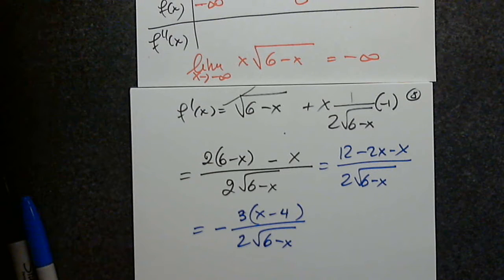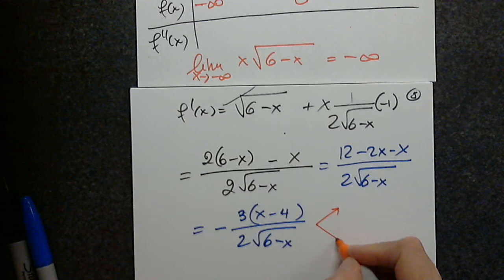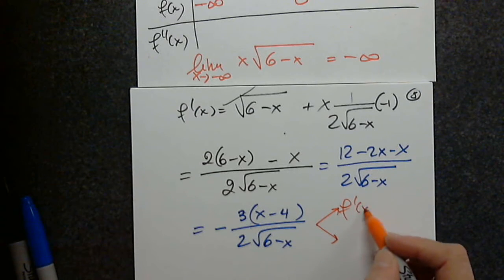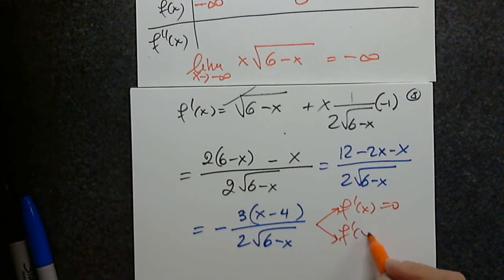Now my next step is to find the critical numbers. Good, critical numbers. How do I find the critical numbers? So either f prime of x is 0 or f prime of x is undefined. Is this function ever undefined where the function is defined?